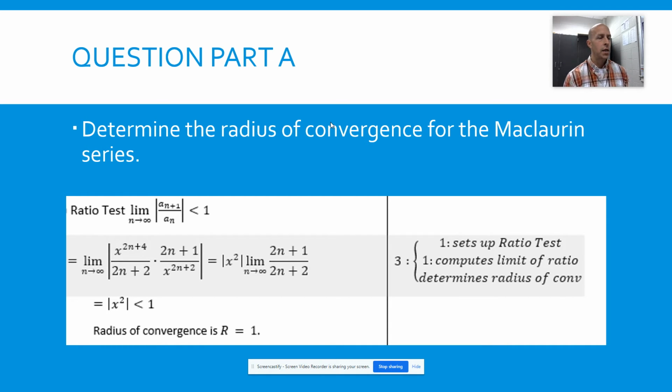When they get that done, they get down to this last step, which will give you x squared, and we need that absolute value to be less than 1. So in this case, the radius of convergence is 1. They get a point for setting up the ratio test, a point for computing the limit correctly, and then a point for stating the radius of convergence. So that's 3 points for that part.